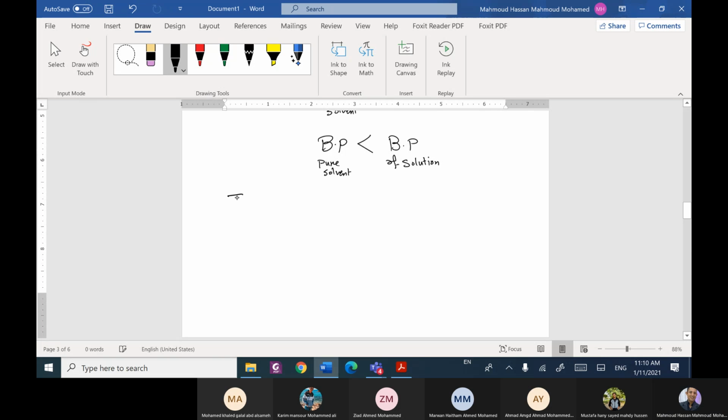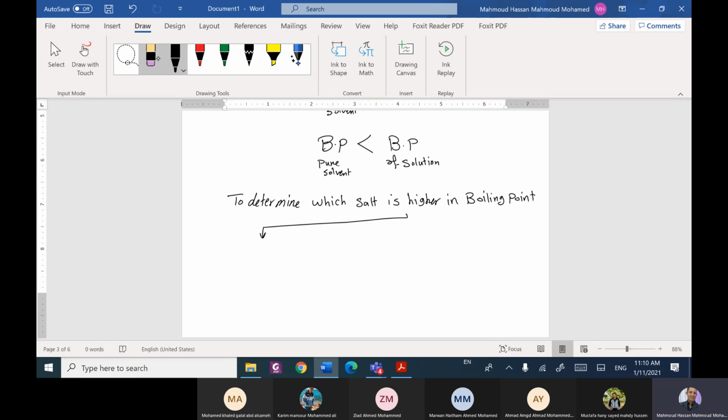To determine which is higher in boiling point, firstly we must determine the identity of the salt.